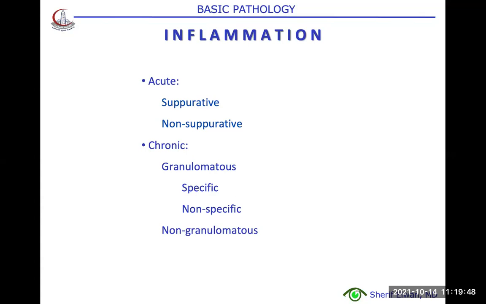Chronicity means longer time and weaker response. And this long time response might be in the form of formation of granulomas, by formation of masses, or non-formation of masses. And when masses are formed, they are either specific, like tuberculosis, syphilis, sarcoidosis, and so on, or non-specific, where chronic inflammation cannot be given a reason.